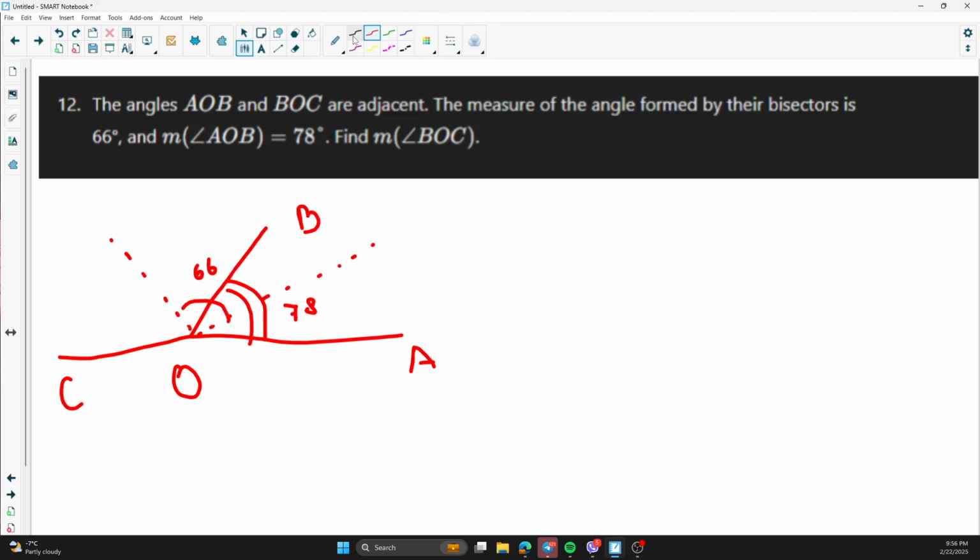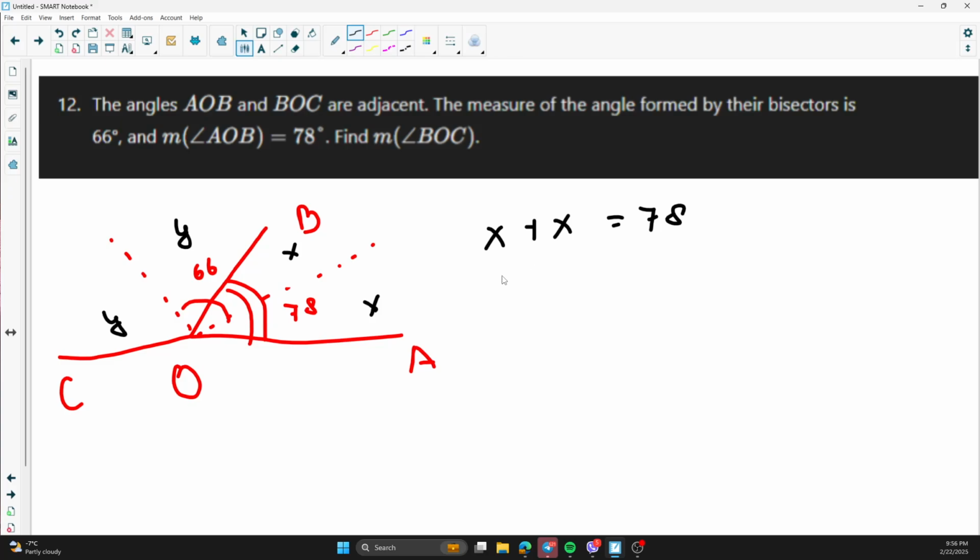Look, this one is kind of easy. If this one is x, this one is also going to be x, same angle. If here is y, this one is also going to be y, same angle. Now you know that x plus x is going to be equal to 78.